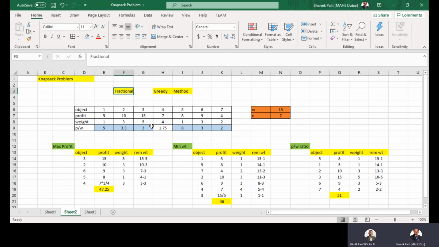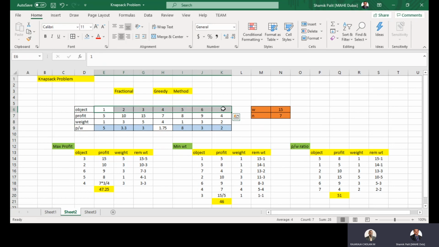No, sir. In the question they'll give only profit and weight. Object means a sequence number, and this will also be given to you for your convenience.